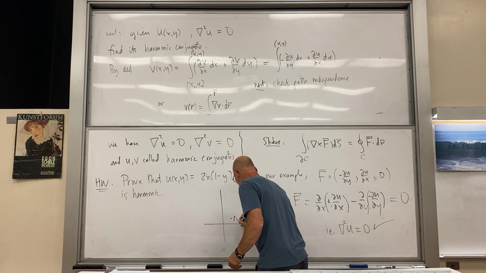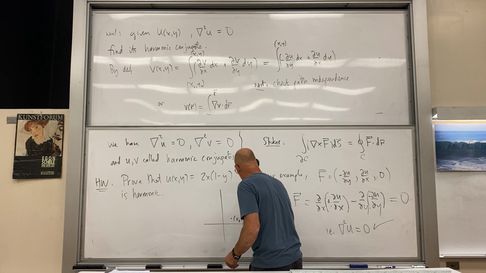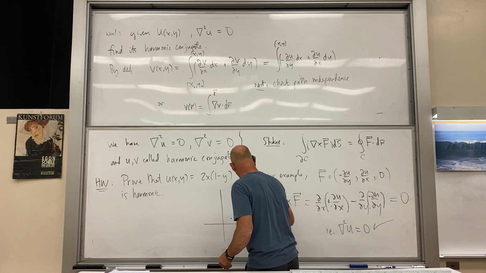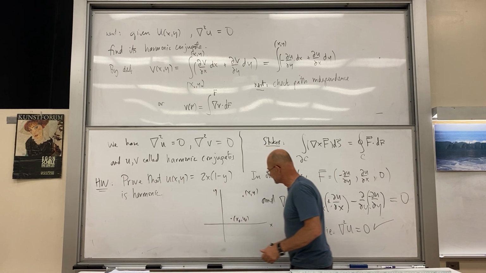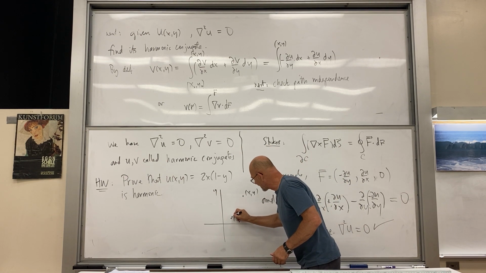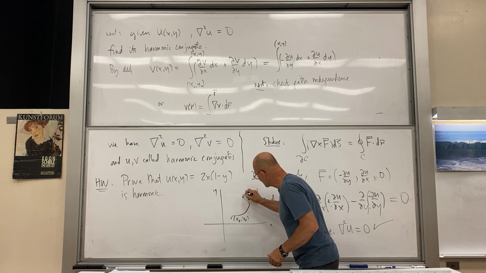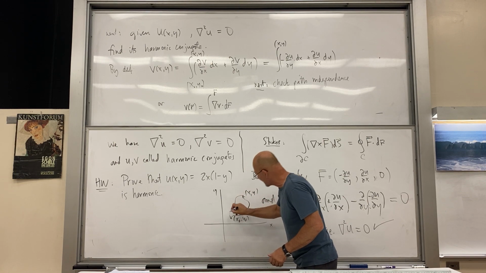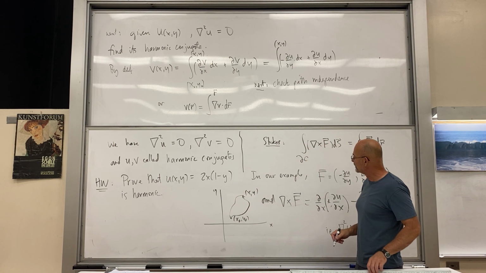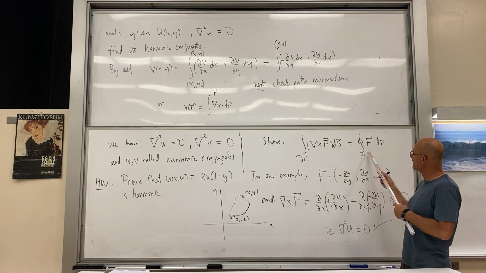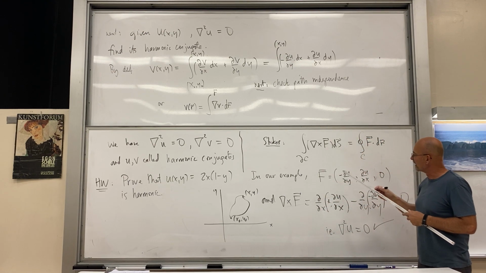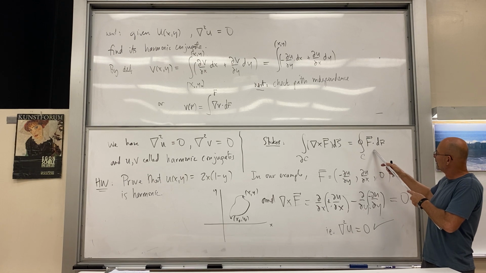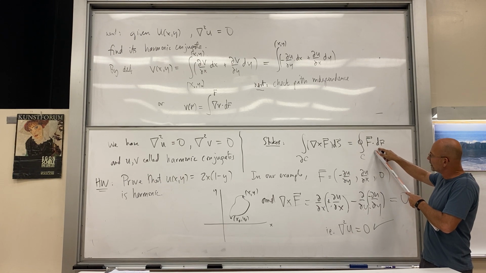Now say we have x0, y0, x, y. We're in the xy plane. And we take a path up to here, and for the path independence, take another one back again. So that would be this closed path here. And we wanted to prove that this closed path integral is always 0.